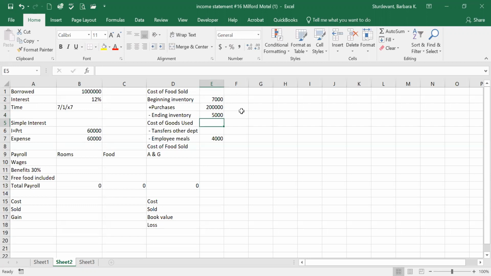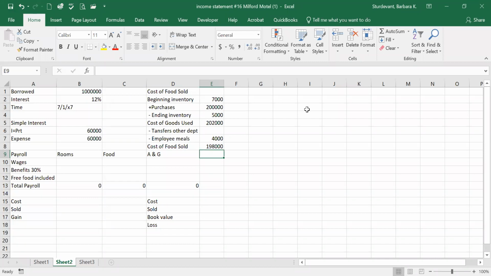Okay, so that's going to give us our cost of food used, but we want cost of food sold. And so we're gonna take our food used. We don't have any transfers, but we do have employee meals. And so that's gonna be our cost of food sold.